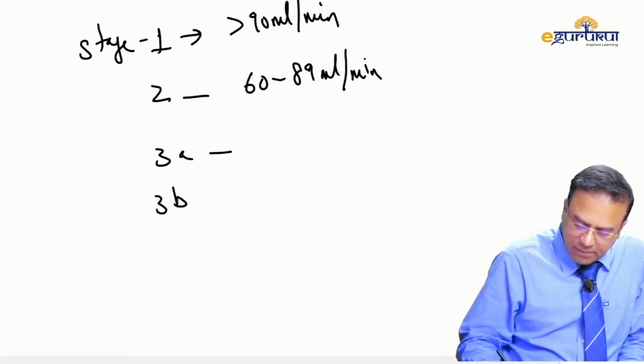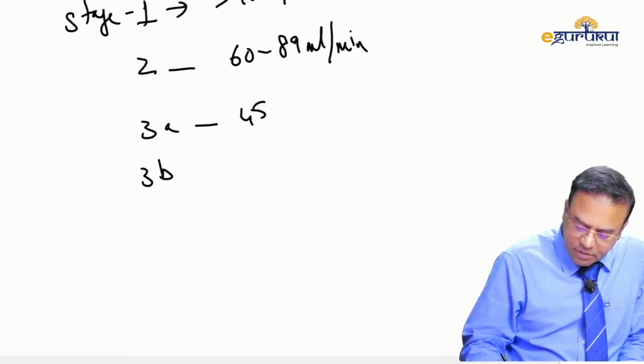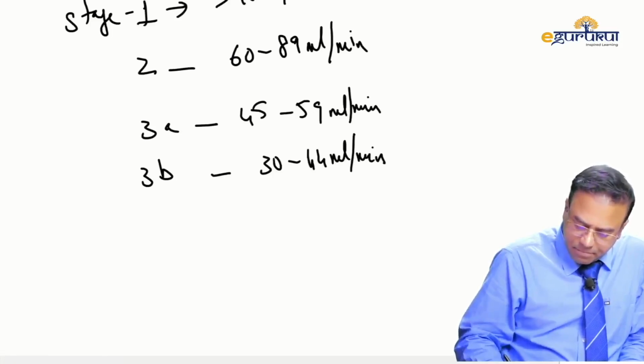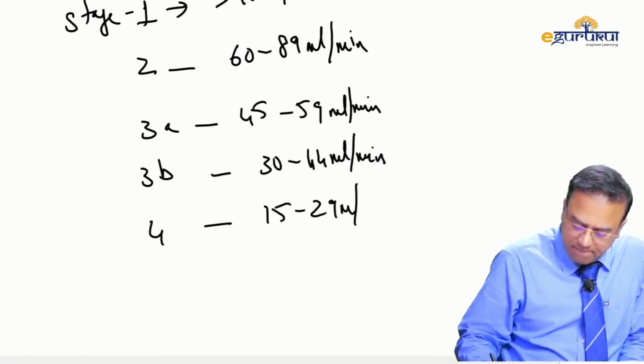So 3A is 45 to 59 ml per minute, and 3B is 30 to 44 ml per minute. 4 is 15 to 29 ml per minute, and grade 5 is 0 to 15.